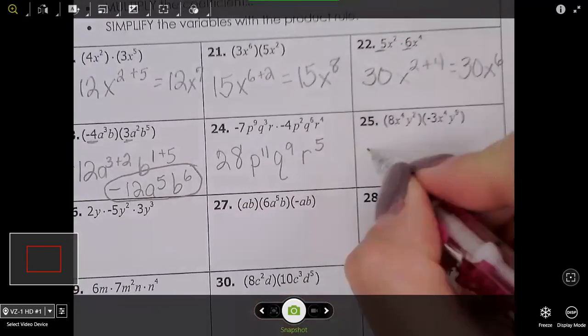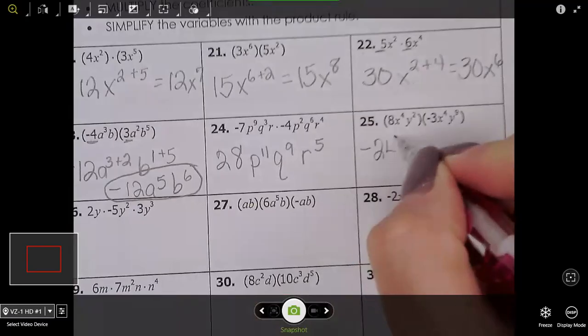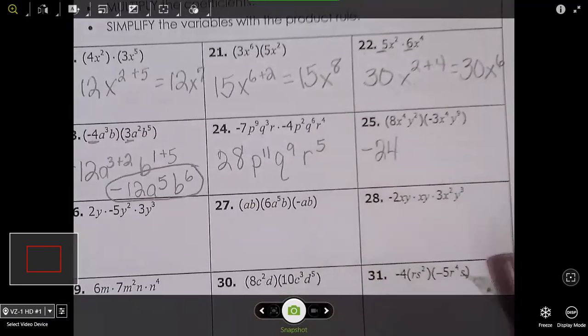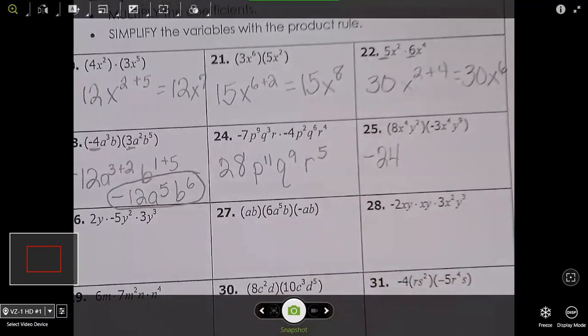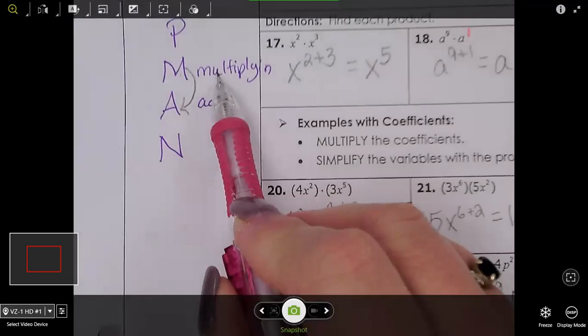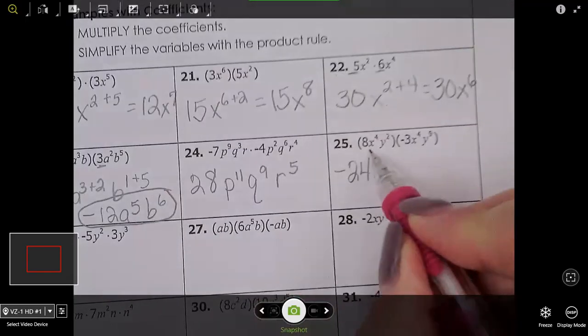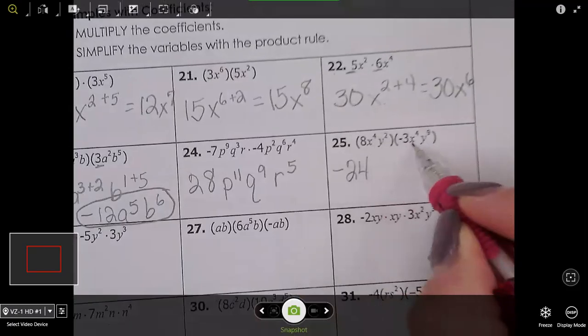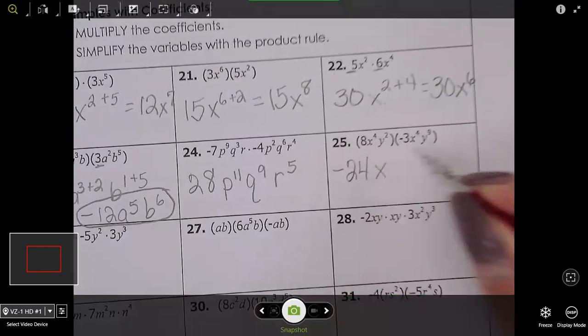All right, so now Queen, I just multiplied 8 times negative 3. What do I do to the exponents if I just multiplied coefficients? Add them. Okay, so I have x to the 4th and x to the 4th. What would that be?